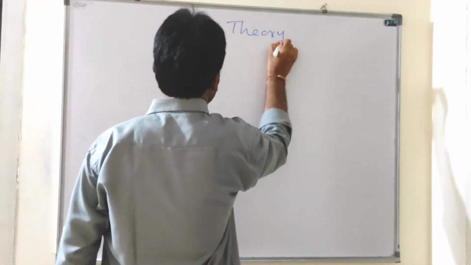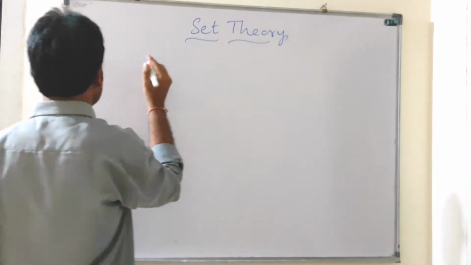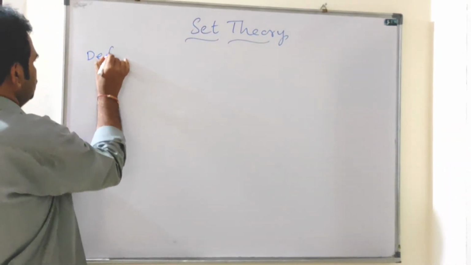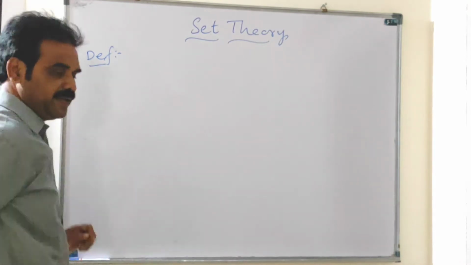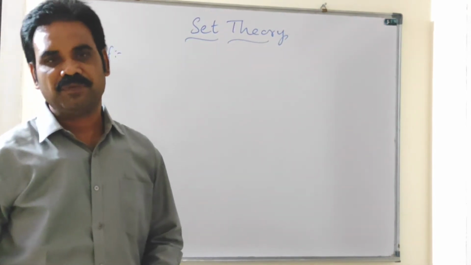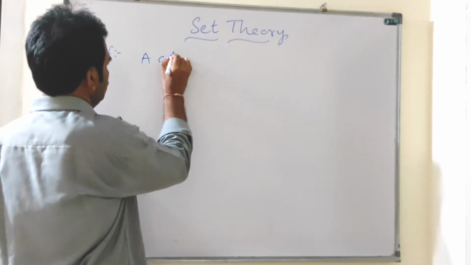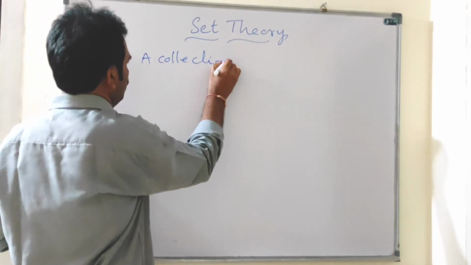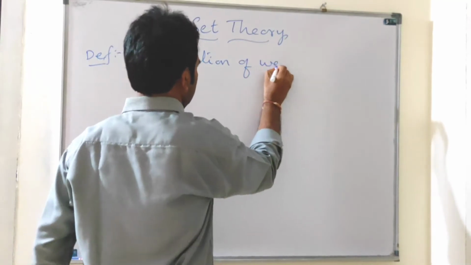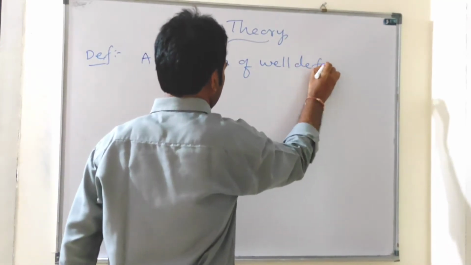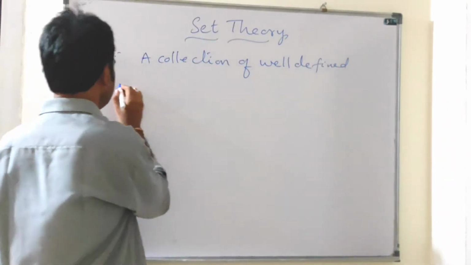Set theory. A set is a collection of well-defined objects. A collection of well-defined objects is called a set.